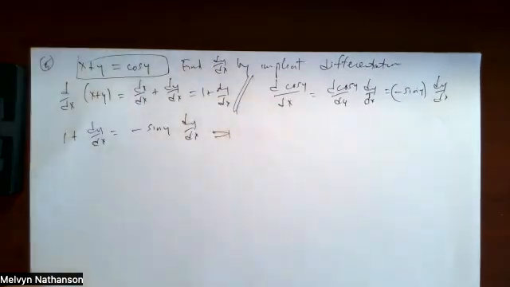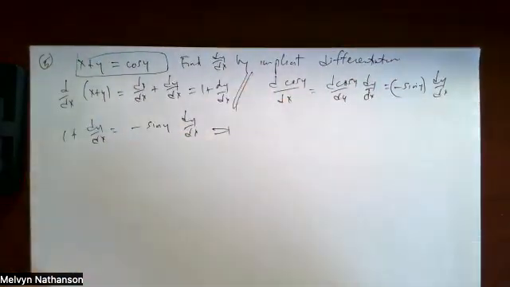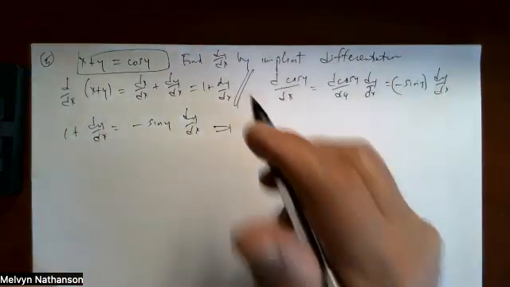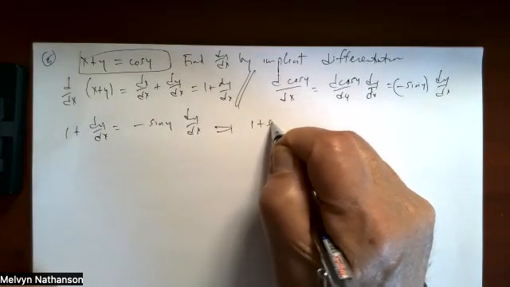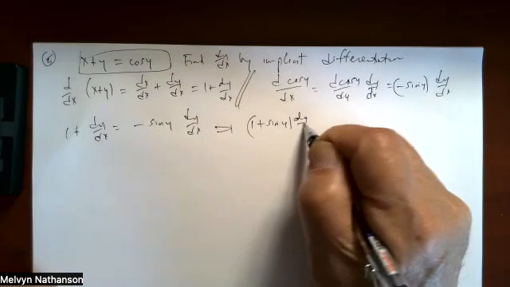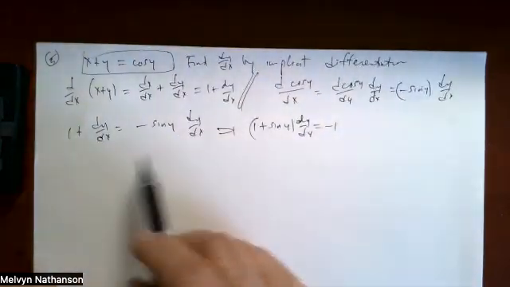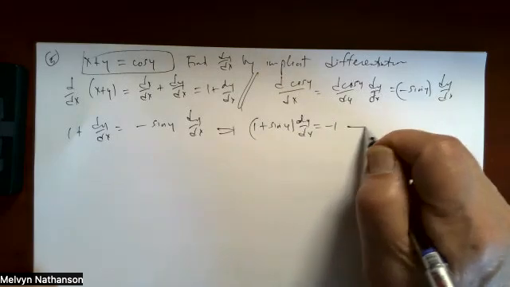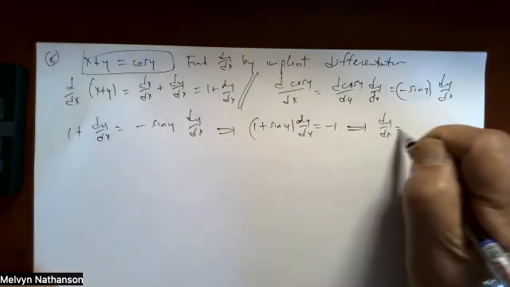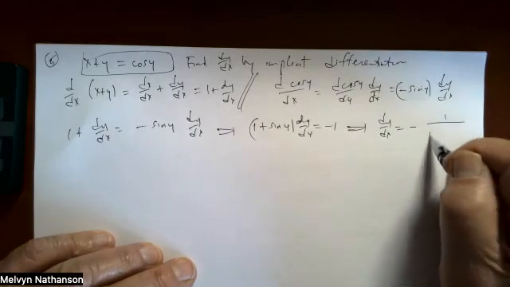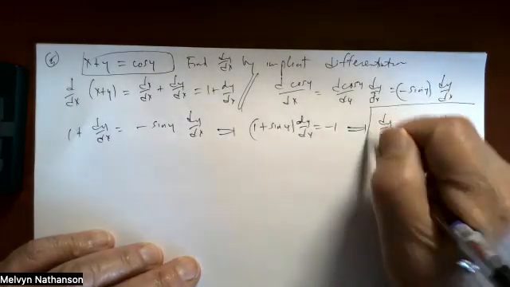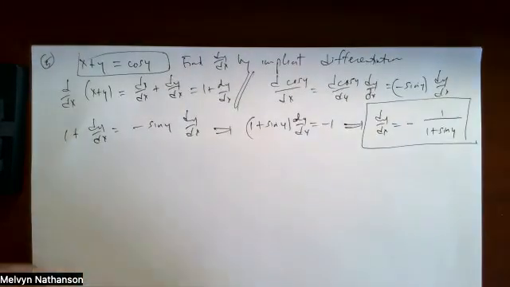So if you just rearrange this, bring this over to the other side, you get 1 plus sine y times dy dx equals minus 1, just rearranging this equation, which means dy dx is minus 1 over 1 plus the sine of y. That's problem 5.